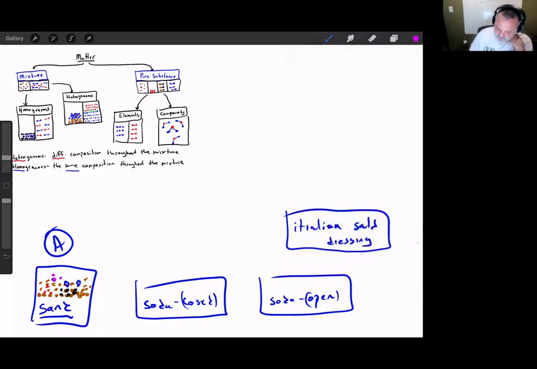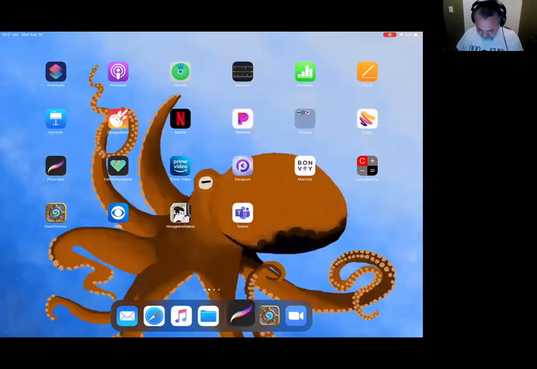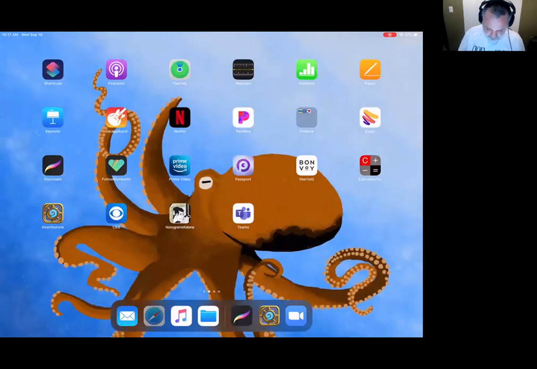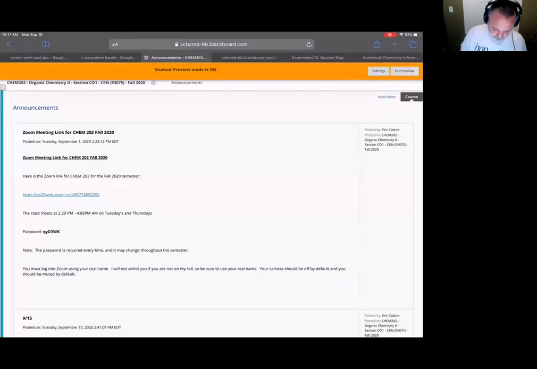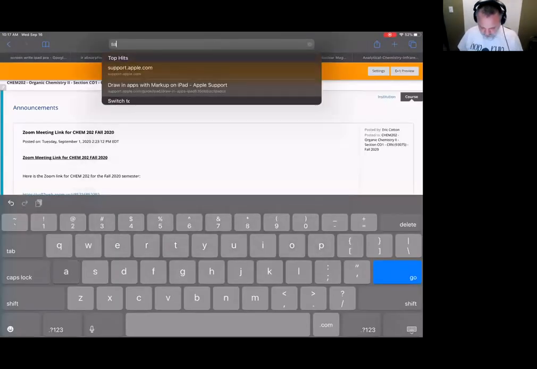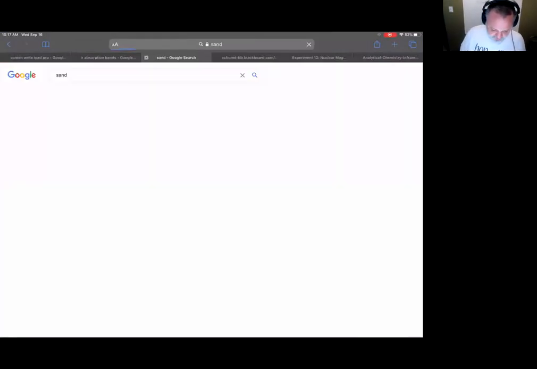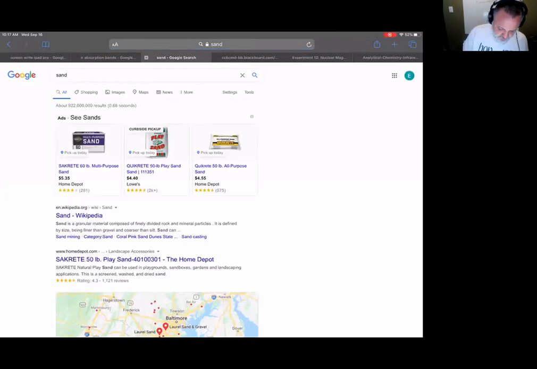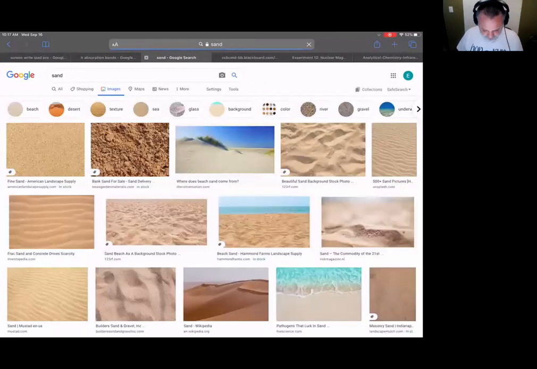If you think about sand, yeah, there's a lot of little quartz crystals. But at the end of the day, the composition of sand is not consistent. So I want to stop sharing there and show you a picture from the internet just so we can make sure that we're on the same page.